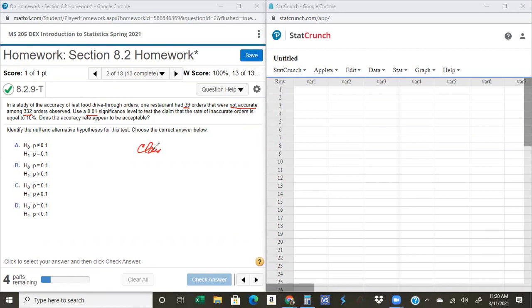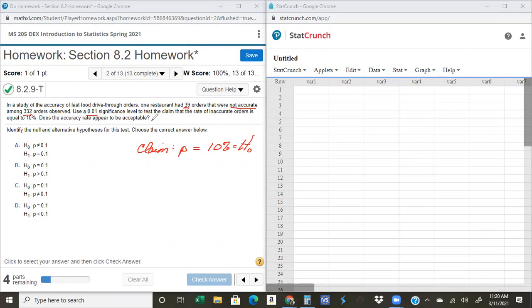Okay, so our claim is that the proportion is equal to 10%. Because this is an equals, this is going to be the null hypothesis.